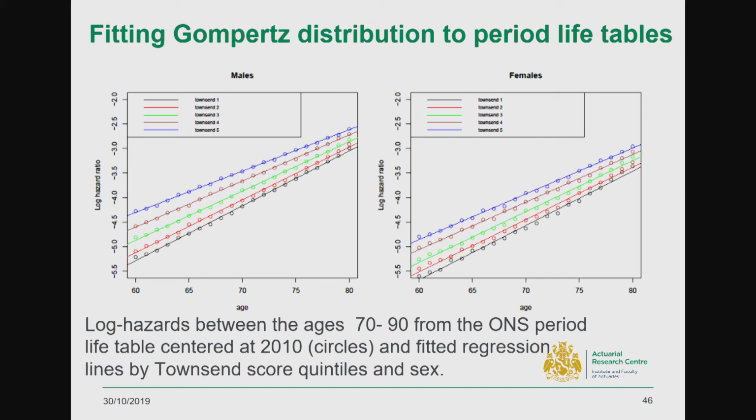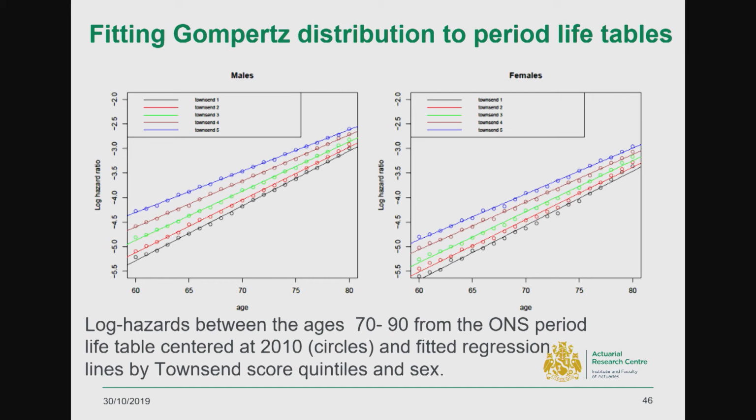So the top line, the blue line, is the most affluent quintile, and the lowest is the most deprived. So you can see that baseline hazards are rather different, and they're ordered as you would expect by deprivation. So the most deprived people have much steeper line on the log scale than the more affluent people.